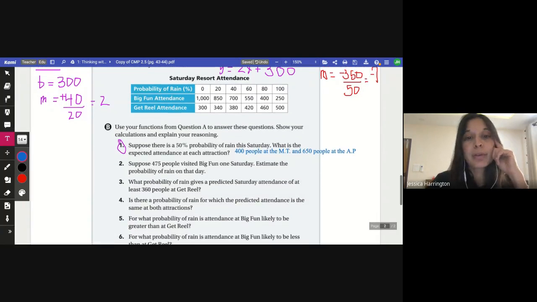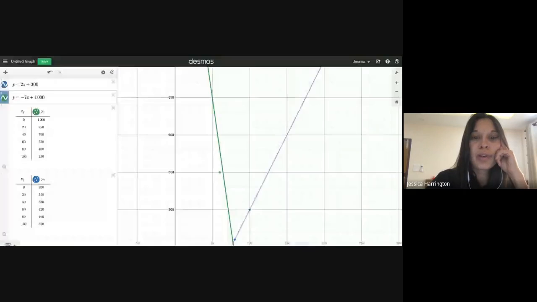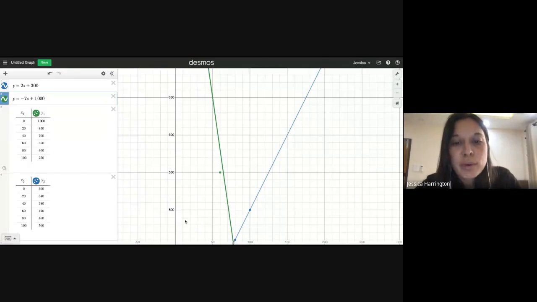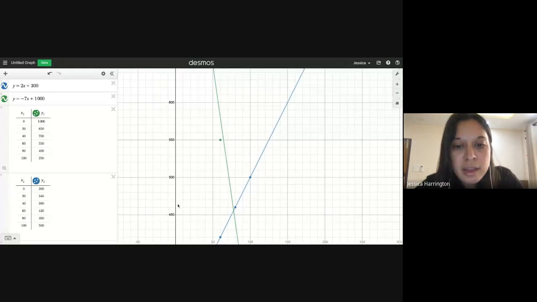Now let's go backwards. Suppose 475 people visited the Big Fun amusement park. What was the probability of rain? Okay, so the amusement park is the green line. So when did 475 people visit? Let's find 475. People is the y-axis. So 475 is right in between 450 and 500.